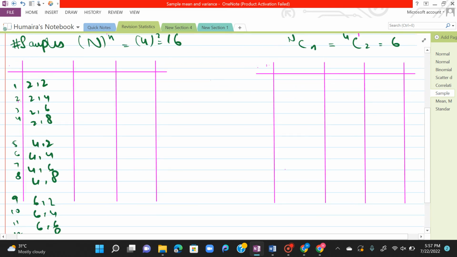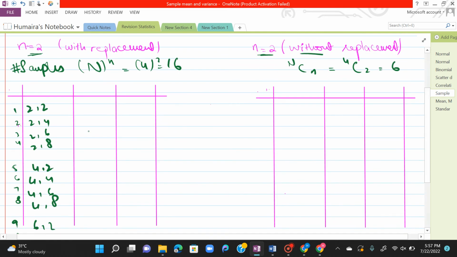Now when you are doing with replacement, position matters, which means you have to take all the arrangements, so 2 4 and 4 2 are both taken, right?